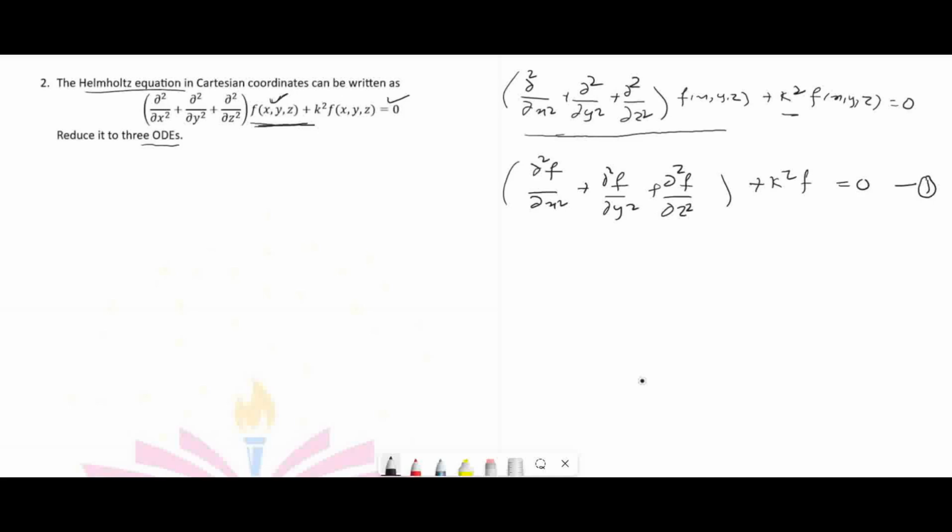The second step is, we have already noticed that f is a function of x, y and z. Now we have to represent the function f as a product of three functions X, Y and Z, where X is a function of x, Y is a function of y and Z is a function of z.